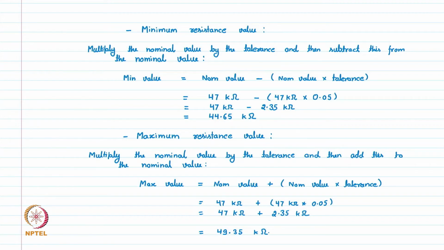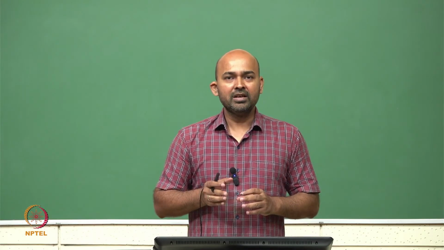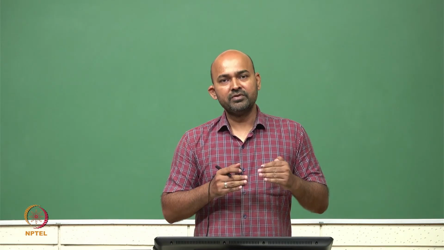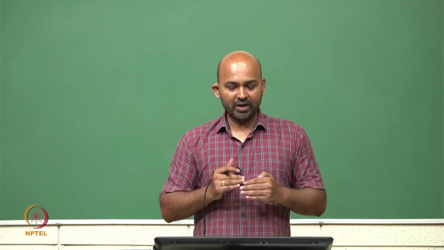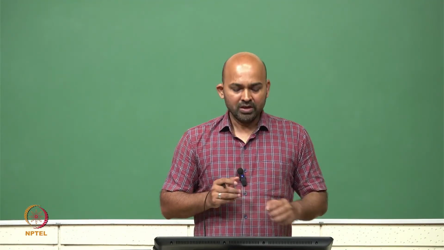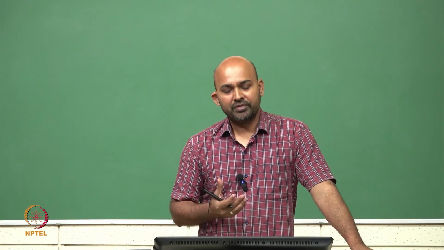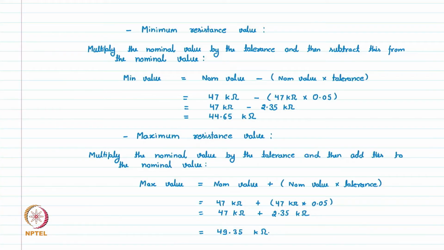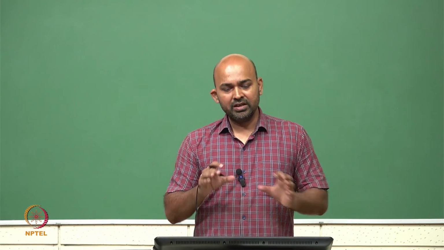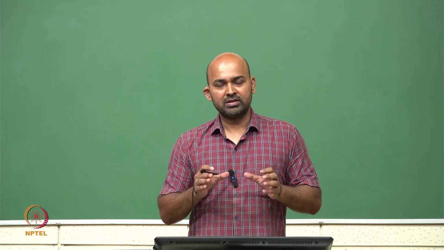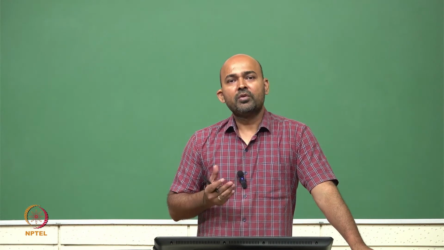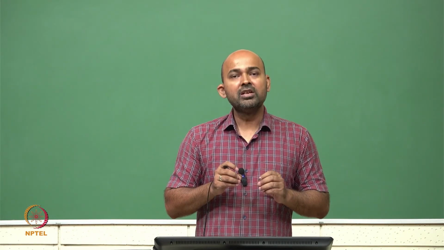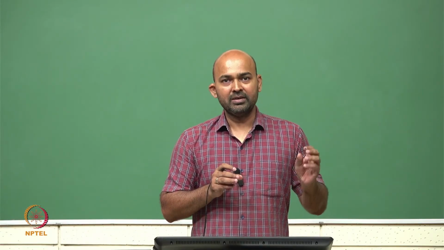So from this we can see if the tolerance is higher, it means the value which we actually get can be very much higher or very much lower compared to the nominal value. So what is the significance of this? For example, when we make a circuit, we generally do it on some software, which are CAD softwares. In this software, we design a circuit assuming that we will use a 47 kilo ohm resistor from the market.